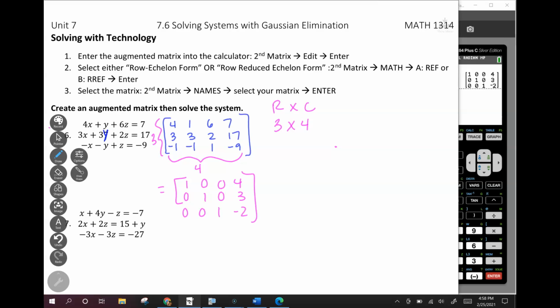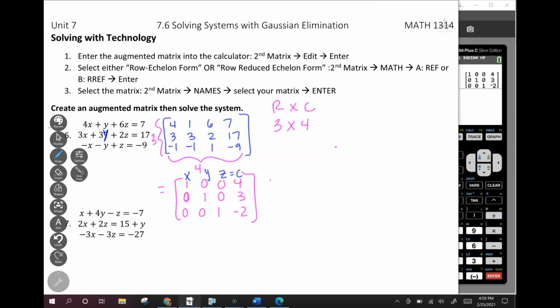So as you can see, putting it in row reduced echelon form gives you those zeros both below and above the diagonal of 1s. So what we have here is x equals 4, y equals 3, and z equals negative 2.